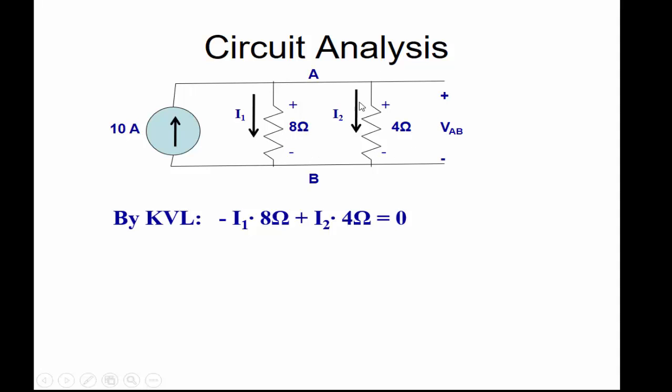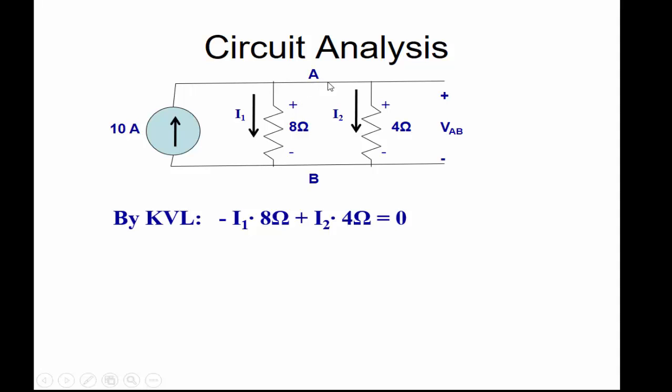So we look at the loop of interest for KVL, the loop which involves I2, because if we get I2 and multiply by 4, that becomes VAB. This is our equation of interest.